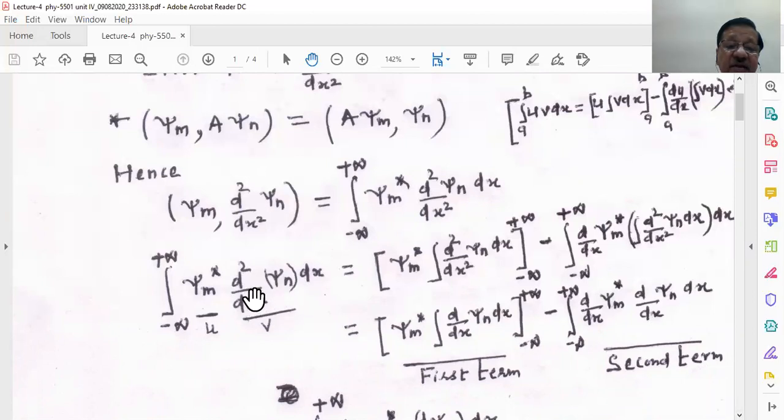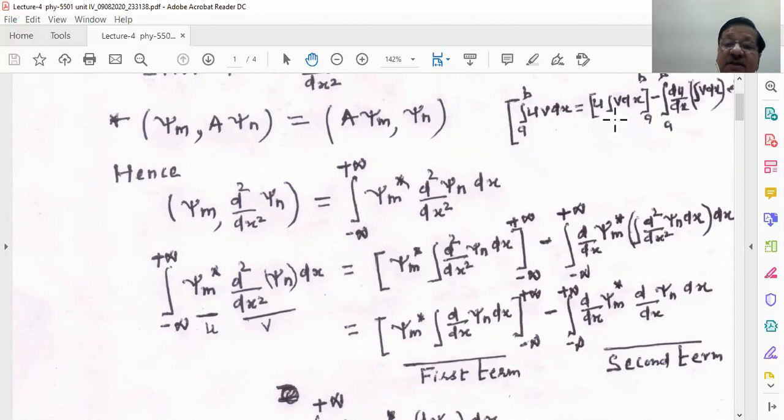Apply the law: keep u first, so I keep psi star.